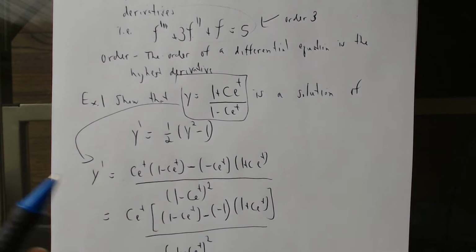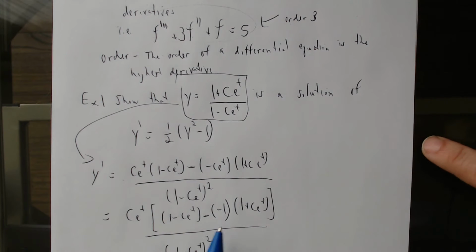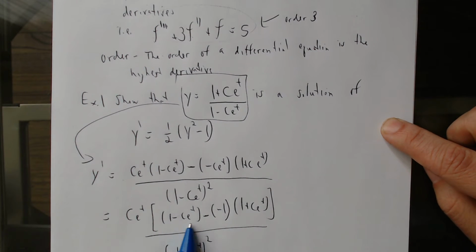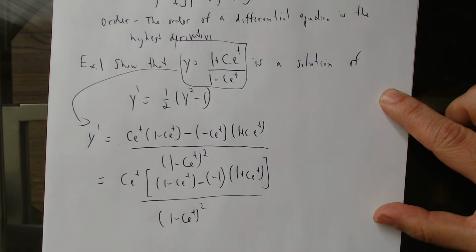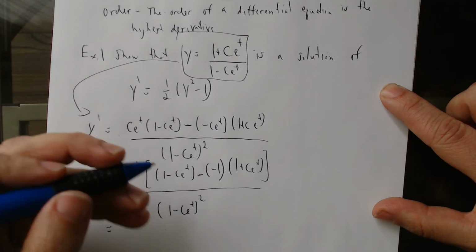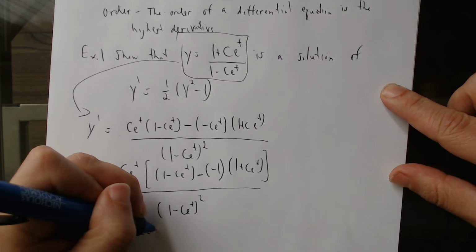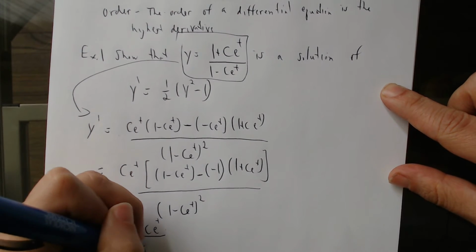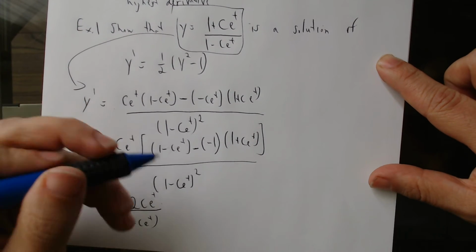These negatives become a plus, so I get 1 plus 1, which is 2, and negative ce to the t plus ce to the t cancel out. So this becomes 2 ce to the t all over 1 minus ce to the t quantity squared.